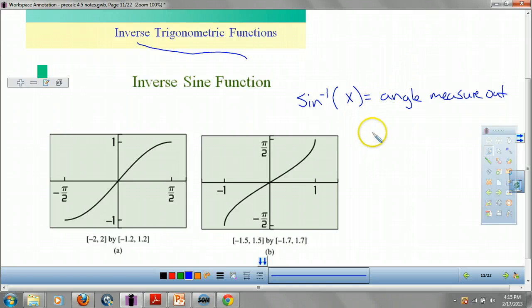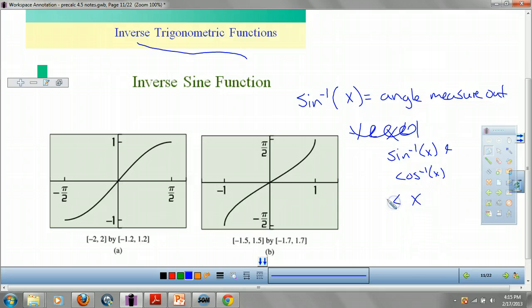But the number you plug in has to be between -1 and 1, because it's going to be a ratio, guys. For sine inverse and cosine inverse, x has to be between -1 and 1.